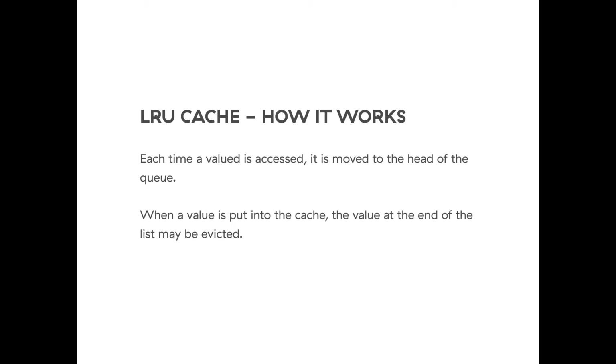LRU cache is really fast because it works, as I said before, in memory. We usually use it to store bitmaps and icons which are downloaded from the web. So if you take a look at the Picasso or Glide implementation, the first thing is that they cache the data in an LRU cache, that's the memory cache, and afterwards for this caching they use disk LRU cache or some other components.